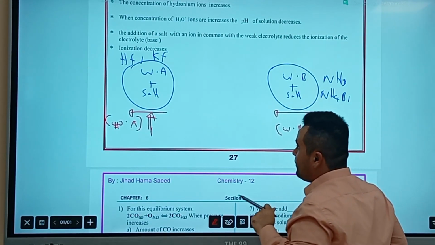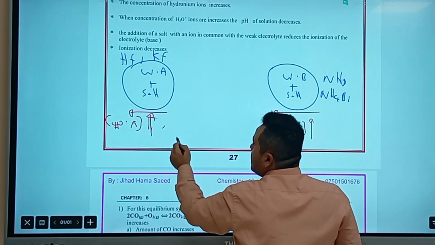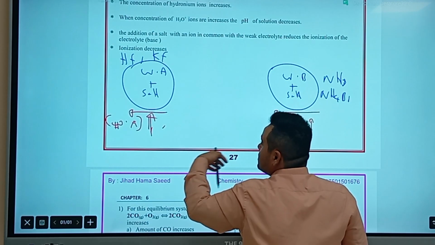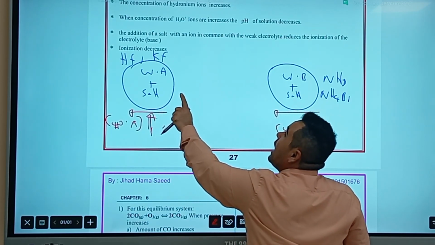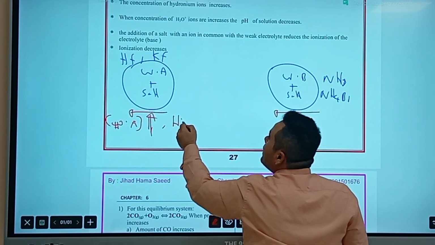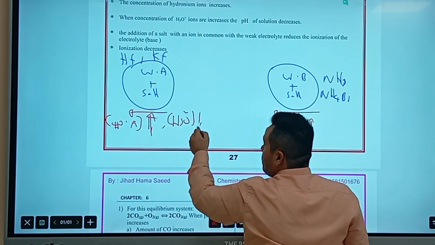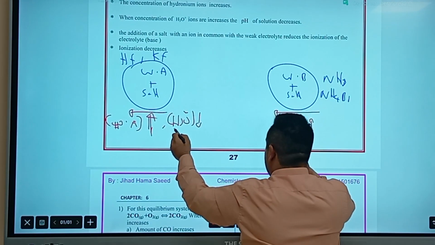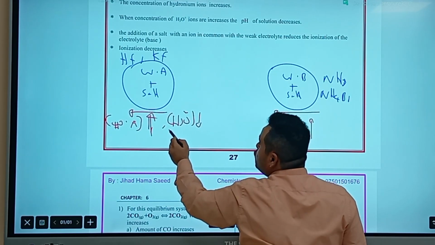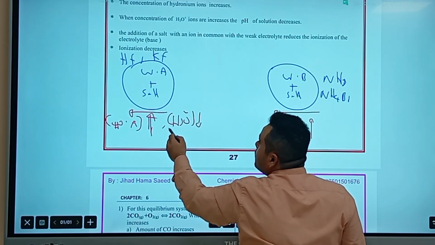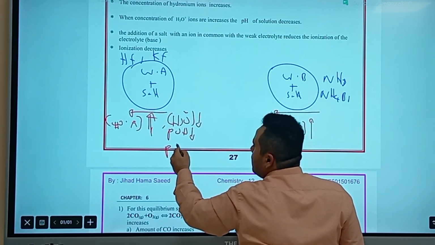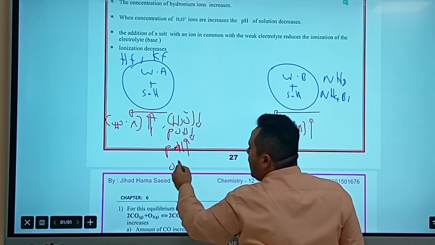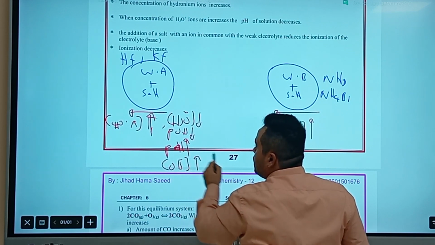And when the concentrations increase in the solution of the weak acid, it always reduces hydronium, and when it reduces hydronium, it will reduce the pOH as well, but increase the pH and hydroxide concentration.